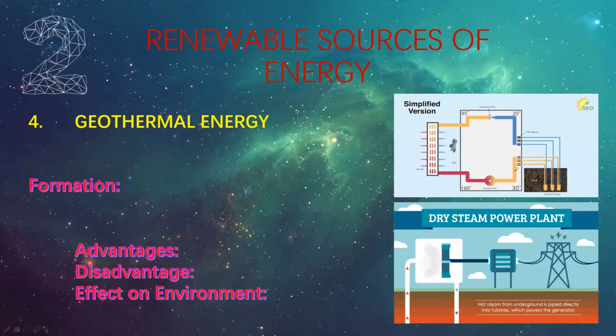The water, now at a lower temperature, is pumped again into the cold reservoir. It is cooled and then pumped again. So this is one of the renewable sources of energy, as you see.